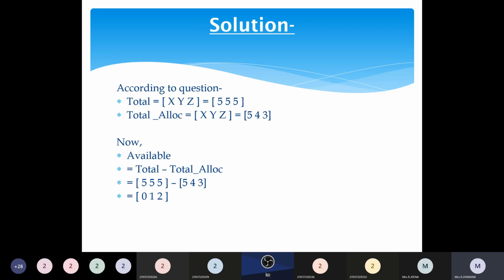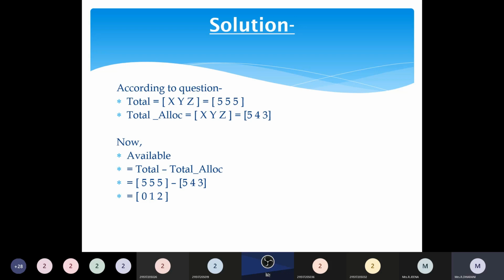Here 5 is nothing but initially this many resource instances are available, and after that some of the instances are allocated to the processes P0, P1 and P2. After allocating, now let's see what is the availability of the resource instances X, Y, Z. How can we calculate the availability? We have a formula: initially total minus total allocation.